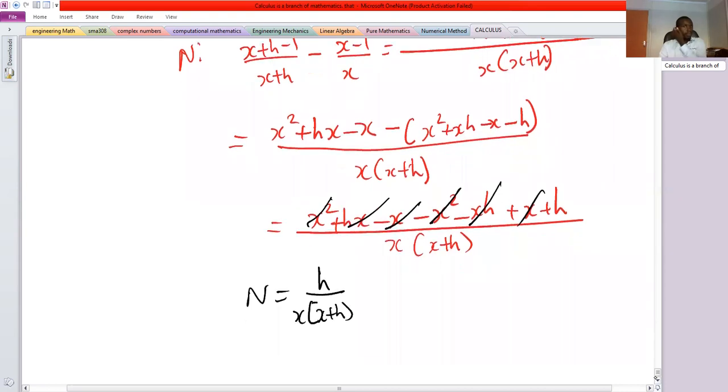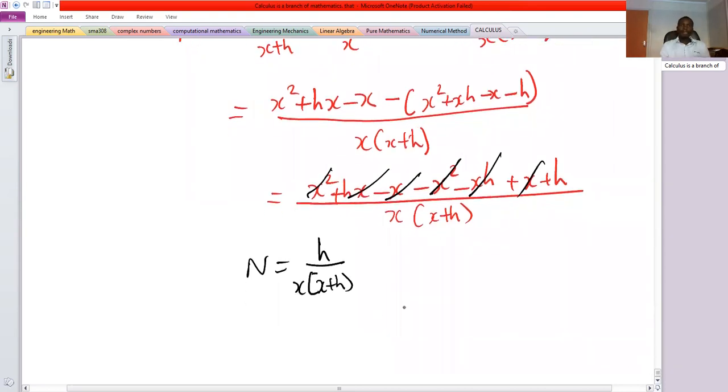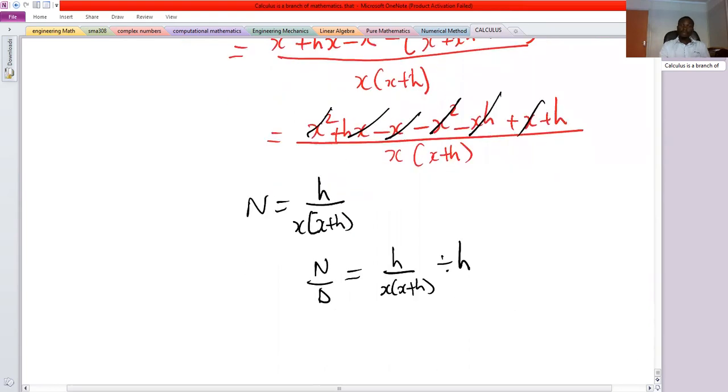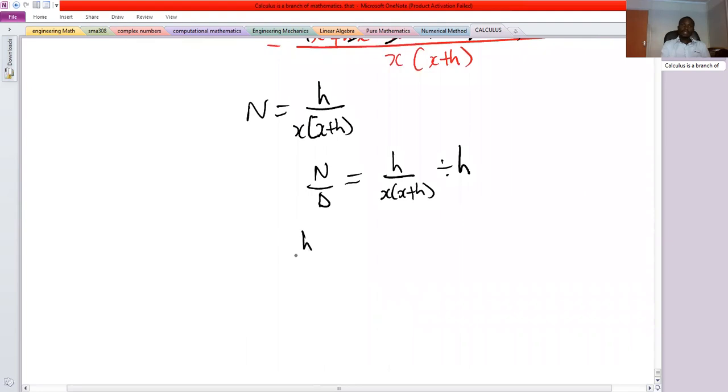So therefore, numerator over denominator will be h over x times x plus h, divided by h, which will give us h over x times x plus h times the reciprocal. And then we get 1 over x times x plus h.